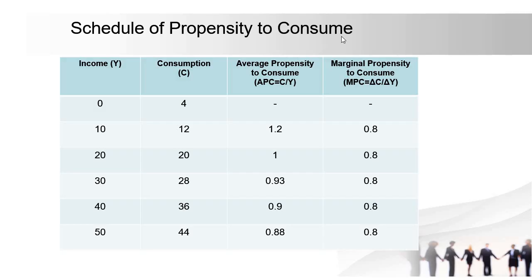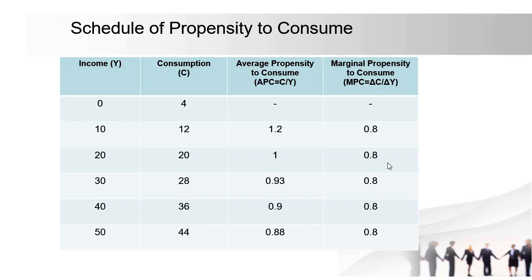For the schedule of propensity to consume, we can take the same table of income and consumption. From this table we find the average propensity to consume and marginal propensity to consume. The average propensity to consume is C by Y, that is 4 by 0, that is 0, then 12 by 10, that is 1.2, so each is divided by the first column.